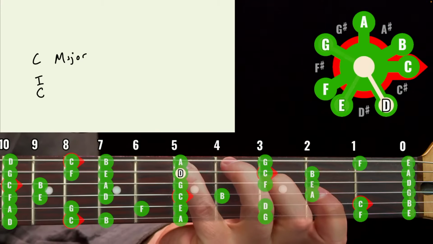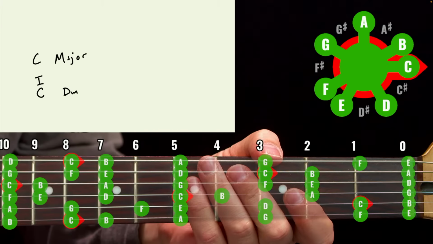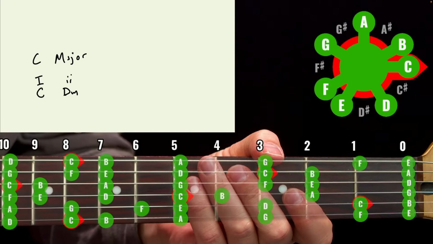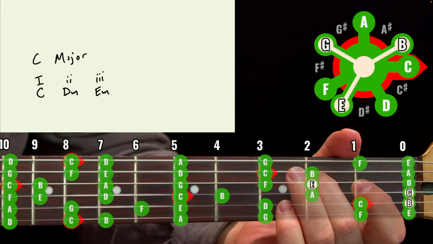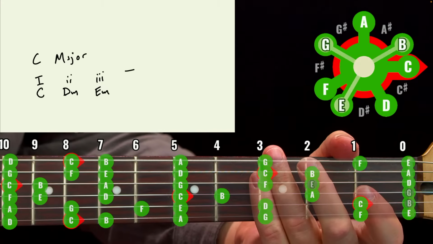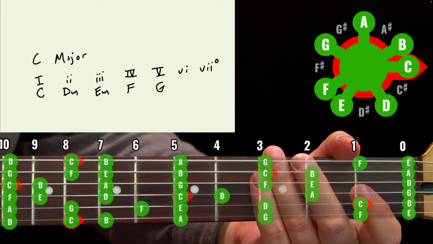The 2 chord in the key of C major is a D minor chord. The 3 chord is an E minor chord. I'll show you, check this out. E, G, and B, that's an E minor. The 4 chord, 5 chord, and 6 chord, we're going to just do all the chords here so that we don't have to keep putting the pencil down.